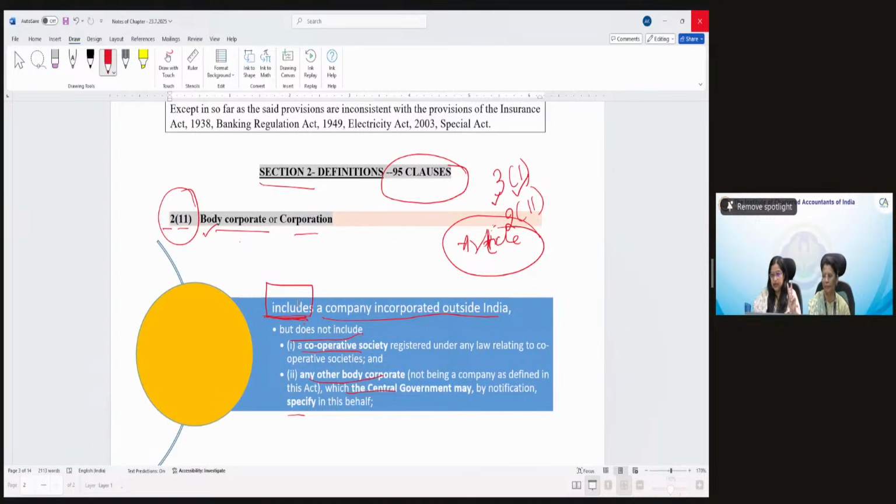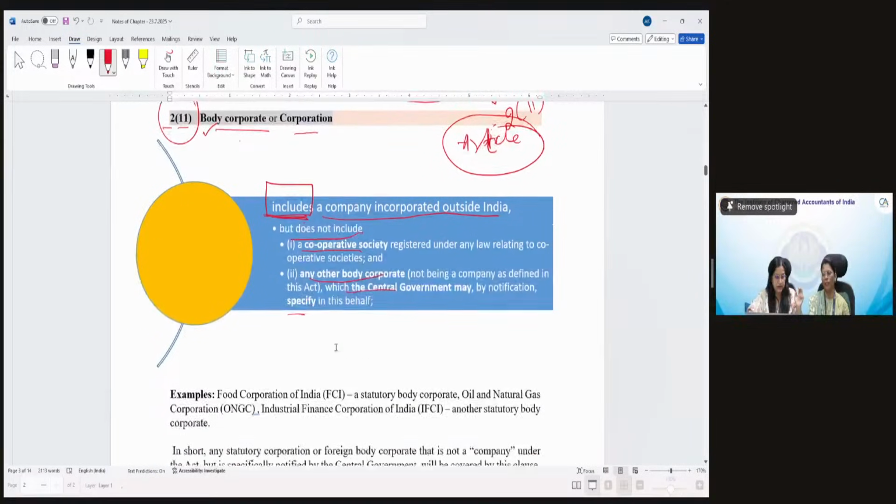So it has an includes limb and a does not include limb. This definition provides a wider coverage to the term body corporate, which you will understand when we deal with the next definition, company.